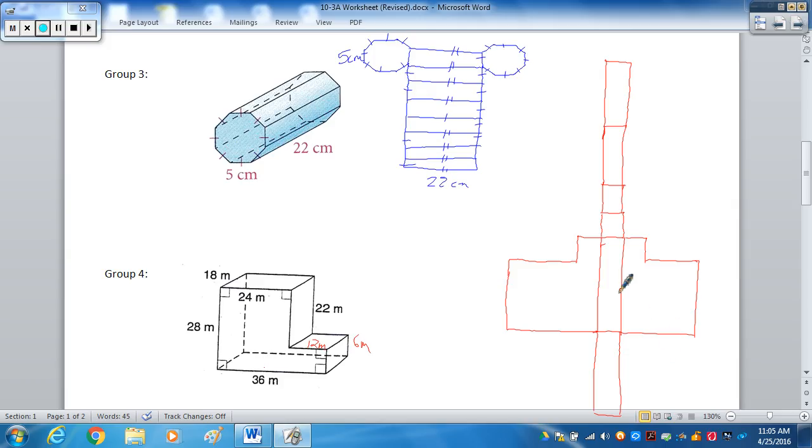let's see here, the bottom was 36. Okay, we know that the connecting distances were 18, so that would be this length down here. All of these, 18. So 18 meters. Okay. We said that this was 6 meters.